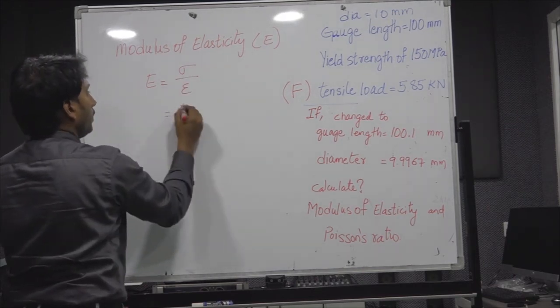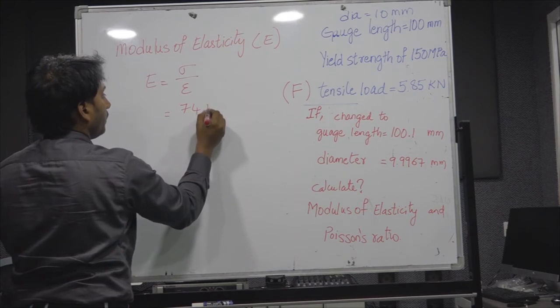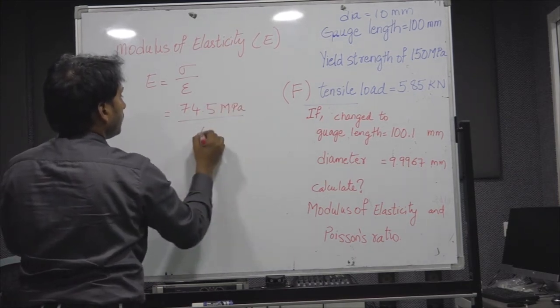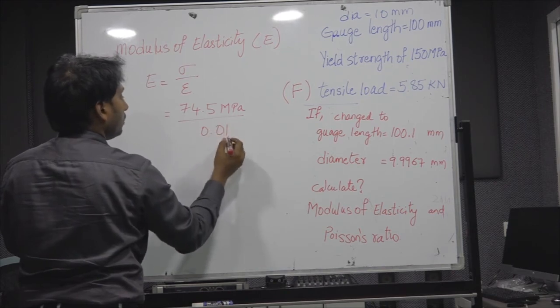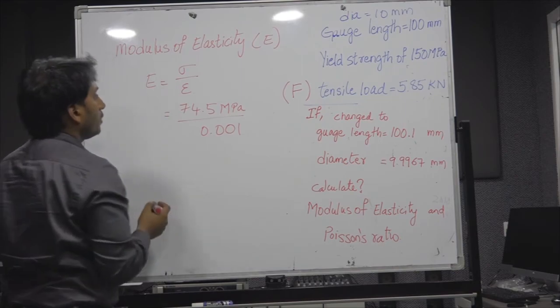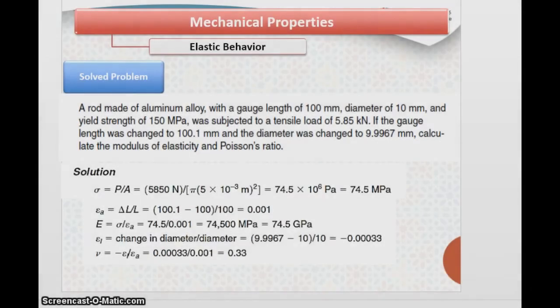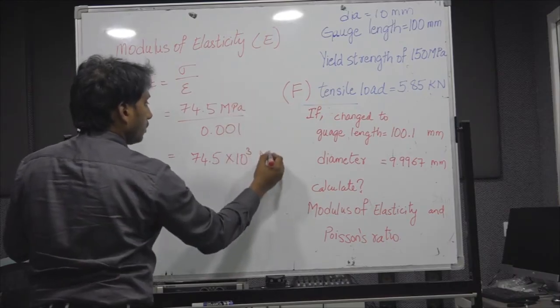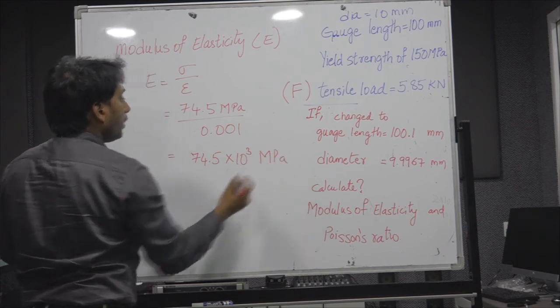From the problem we have 74.5 MPa stress divided by 0.001. So finally you get the value of 74.5 into 10 power 3 MPa.